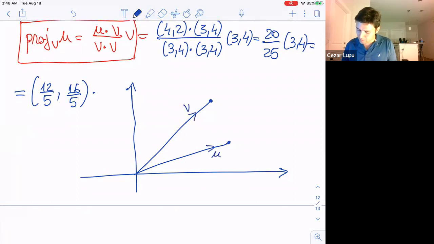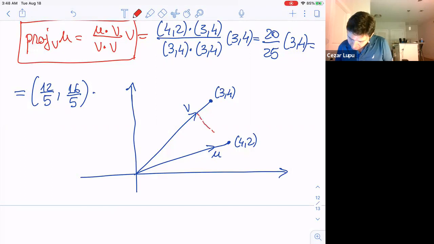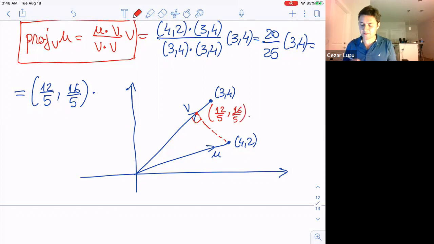This is my vector u. Here it's (3, 4) for v, and this is (4, 2). And now I'm wondering about the orthogonal projection. Well, guess what? If I project like this, this guy here will have coordinates, guess what? 12 over 5 and 16 over 5. That's the projection. Okay.